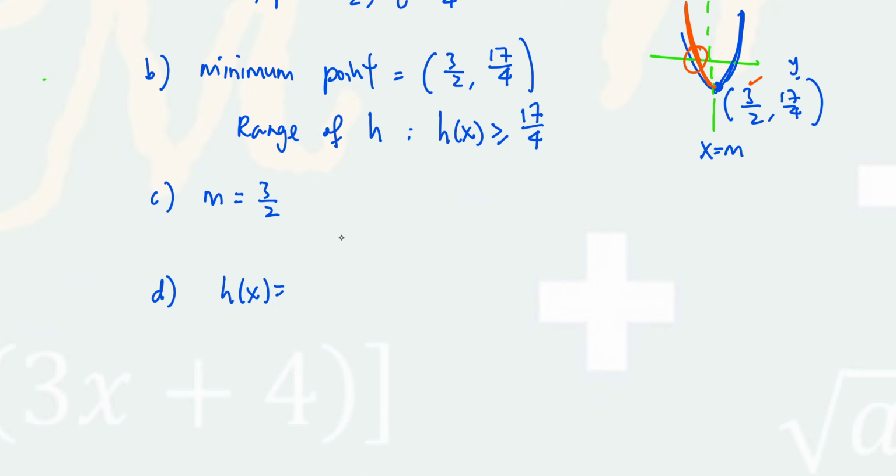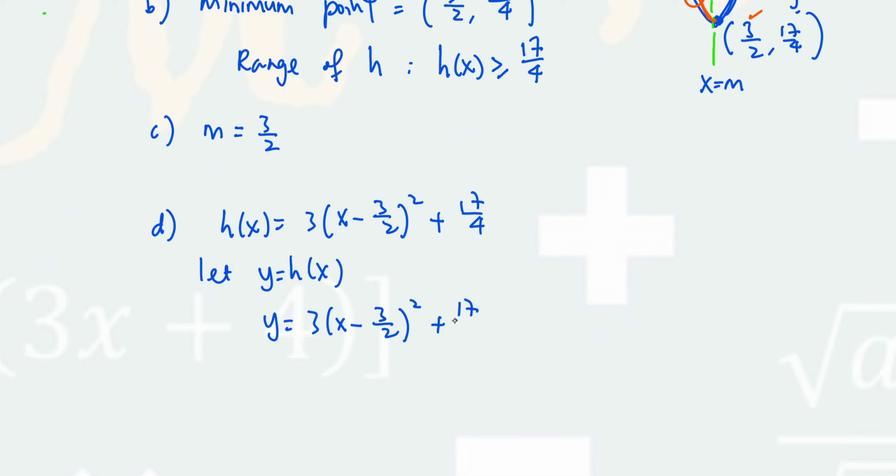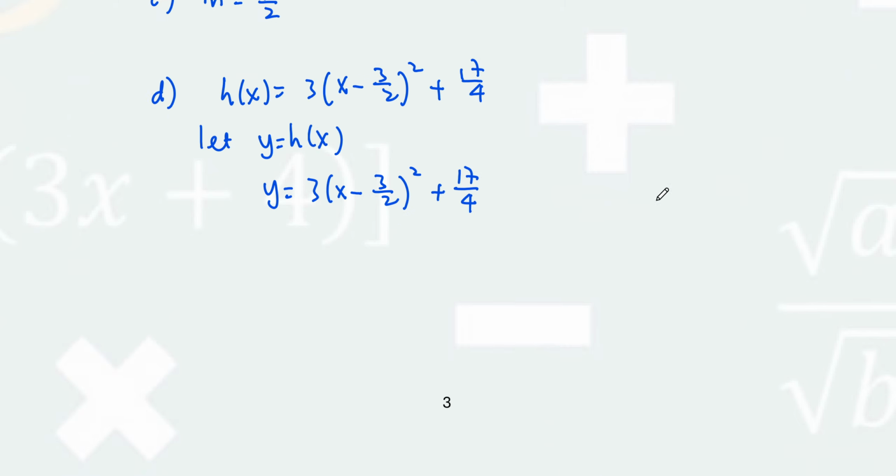So it will be 3 bracket x minus 3 over 2 squared plus 17 over 4. Let y equal to h(x). Which means now I'm going to use the first method to get the inverse function, because the second method involves the composite function.